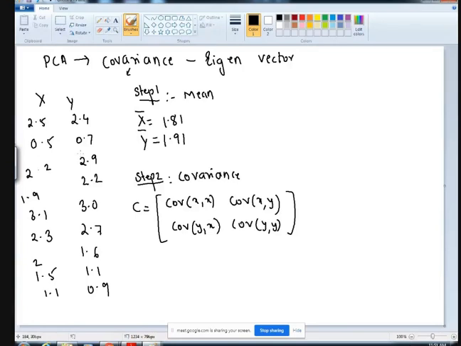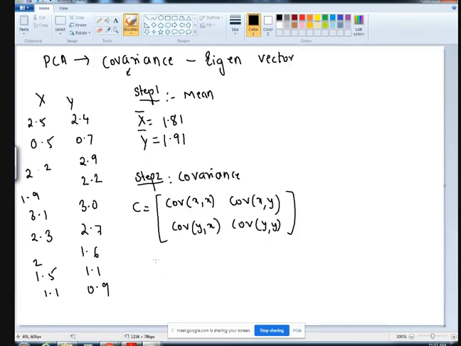If you have 2 attributes, you will have a 2 by 2 matrix. If you have 3 attributes in the given data set, then accordingly your covariance matrix will be a 3 by 3 matrix. Depending upon the given data set, you will have the covariance matrix based on that. Now, let's see how to find the covariance of a particular matrix.